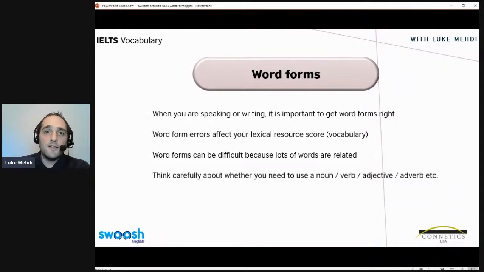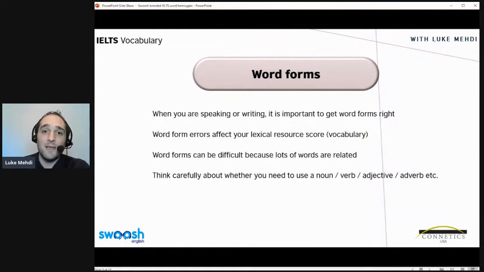So when you're writing or speaking, you need to think carefully about whether you need to use a noun, verb, adjective, adverb. Think about the grammar, think about how it relates to the other words around it, and choose the correct word form. And if you have a lot of word form errors, it could also start to affect your grammar score, because now you are not writing proper sentences.